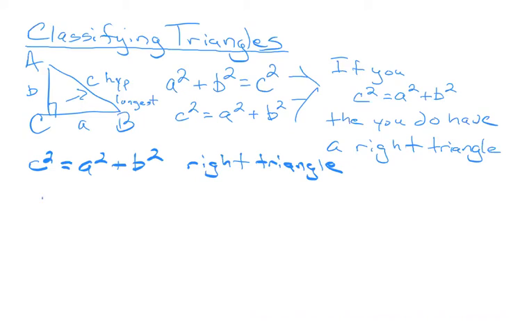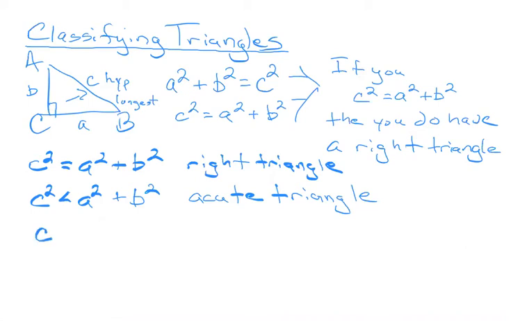If you have C squared plugged in, and it is less than the other two sides, A squared plus B squared, then it will be an acute triangle. Furthermore, if you put the sides in and you have C squared is greater than A squared plus B squared, then you have an obtuse triangle.